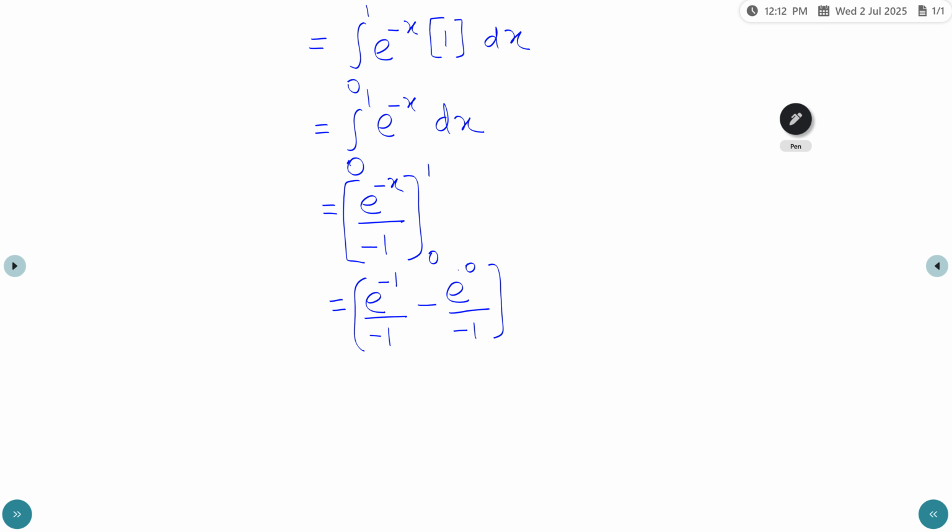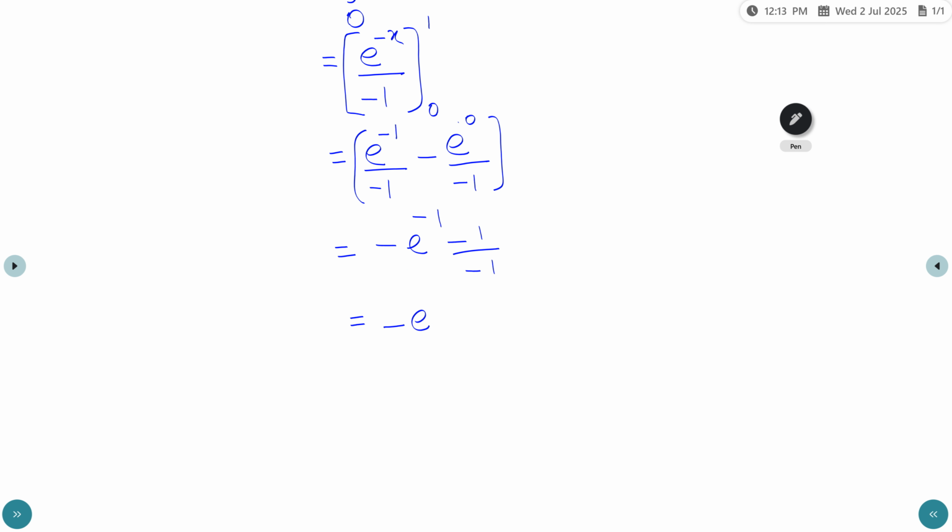So the answer is minus e power minus 1 minus 1 by minus 1, that is minus e power minus 1 plus 1. So 1 minus e power minus 1. The answer is 1 minus 0.3678. So P of X less than 1 is 0.632.